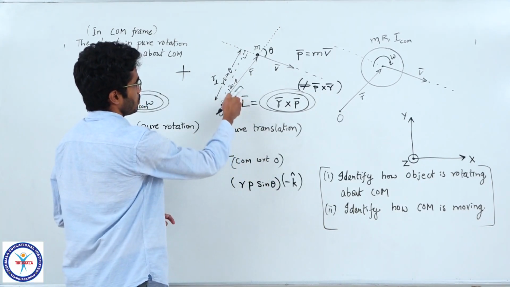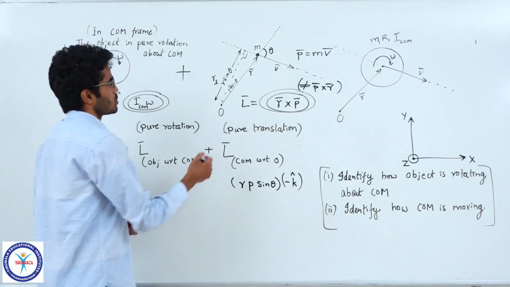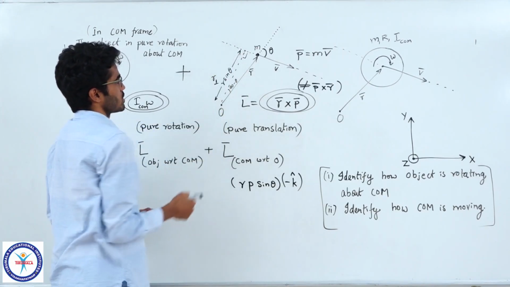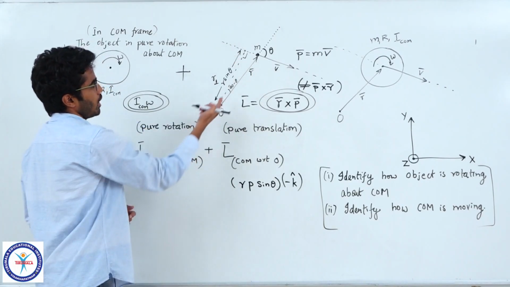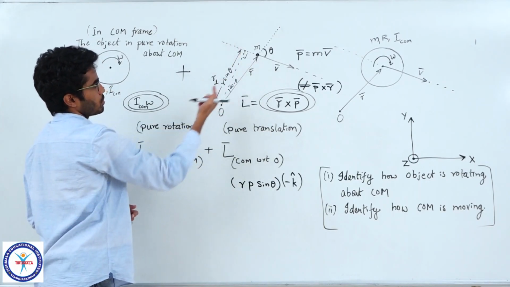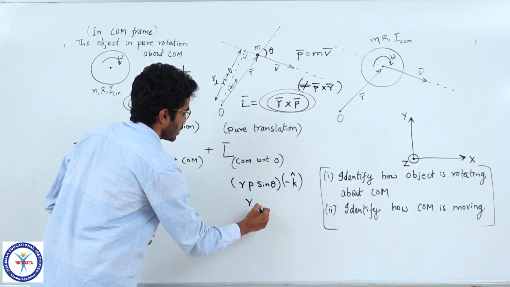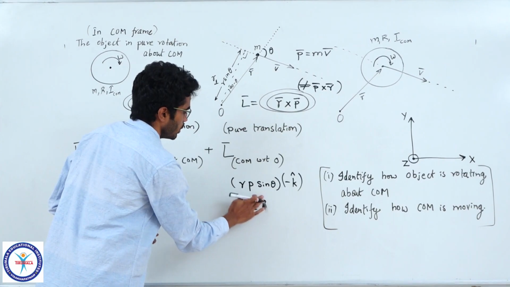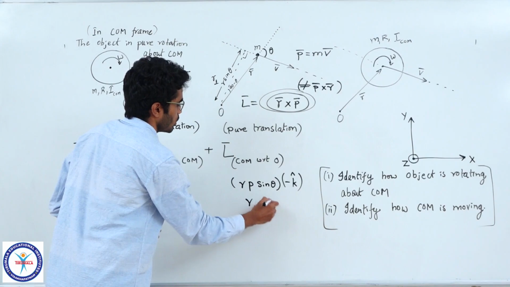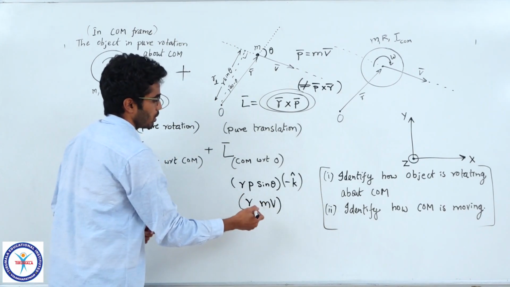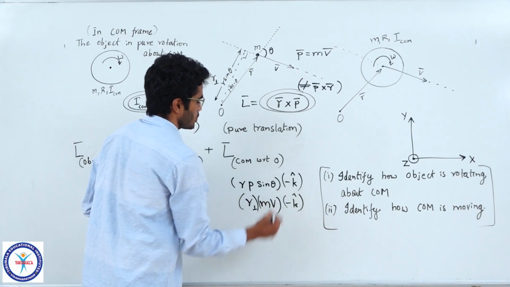Sometimes the angle theta between these two might not be given. Let us reduce this by using the perpendicular distance here. If you identify this right angle triangle forming here, r sin theta is this perpendicular distance. So, we can write it this way, r perpendicular into p. P, let us write it as mv.